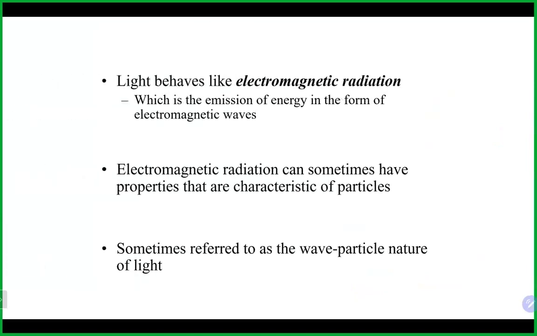Now, light behaves like electromagnetic radiation, which again is the emission of energy in the form of these waves. Sometimes electromagnetic radiation has properties very characteristic of particles, and sometimes it is very consistent with waves. So people mention the dual nature of light: it can have a wave-like function and also a particle-like function.